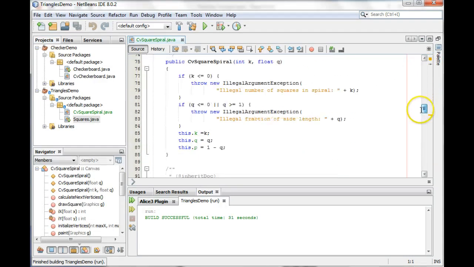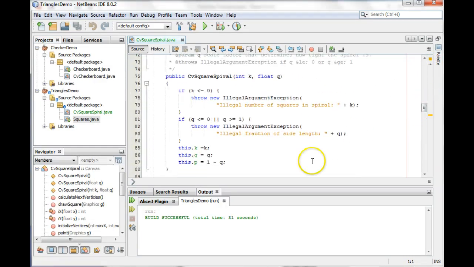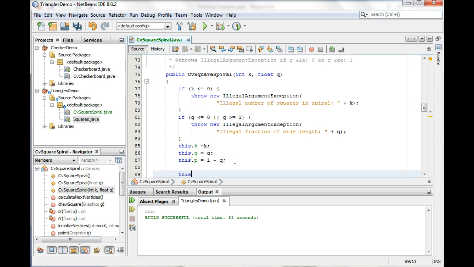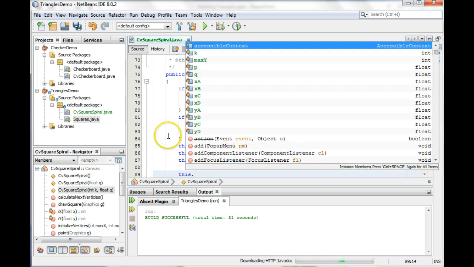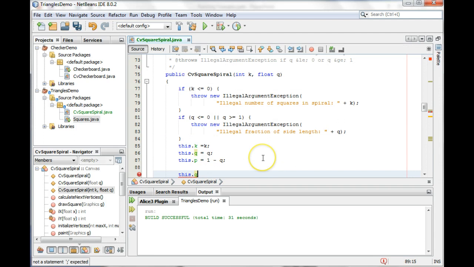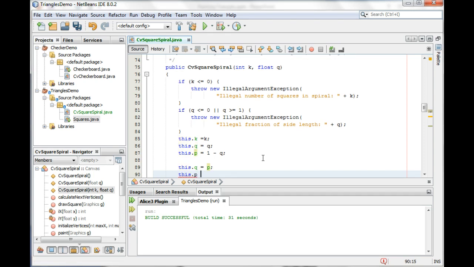I think it's easiest if I show it in this constructor here. So now we've set up our p and q, right? If we reverse those, let's say this q equals p, and then this p equals, again, 1 minus q. Oh, the variable might have already been assigned, yeah.